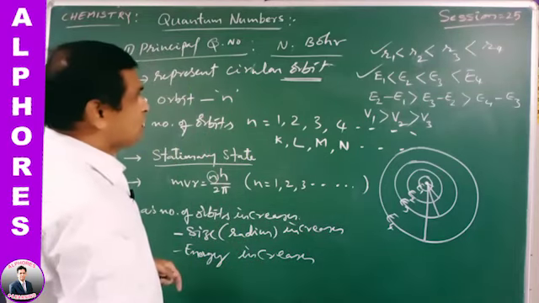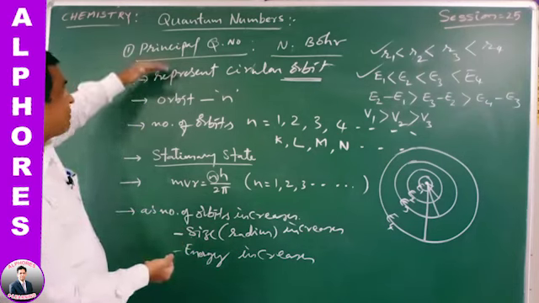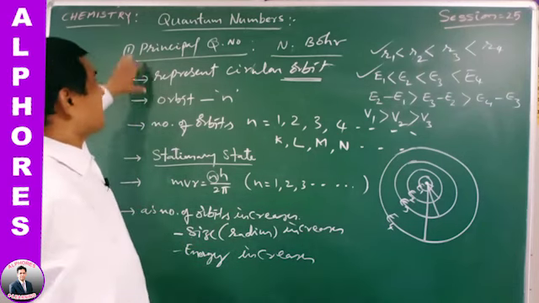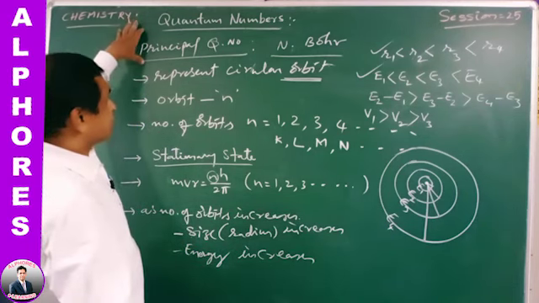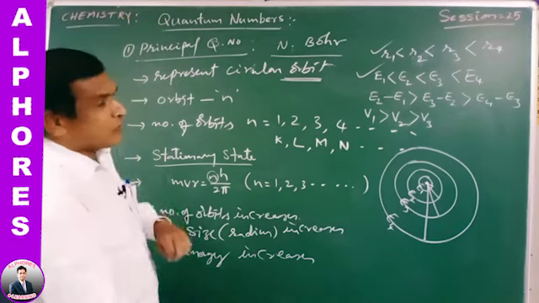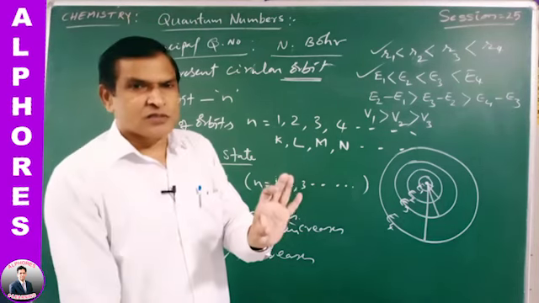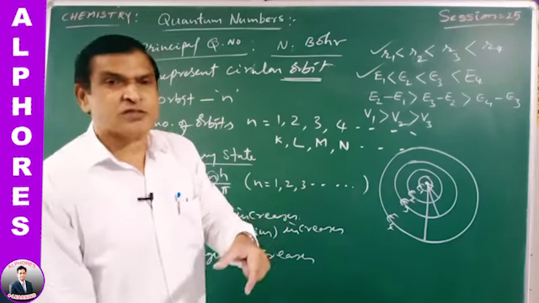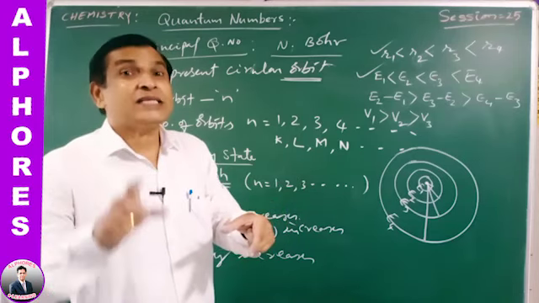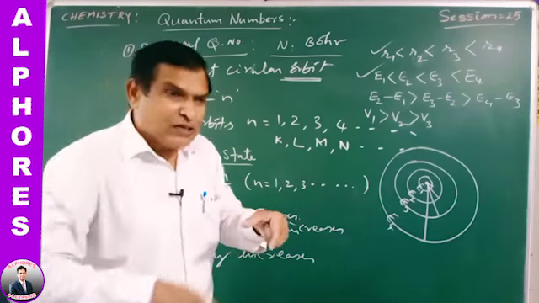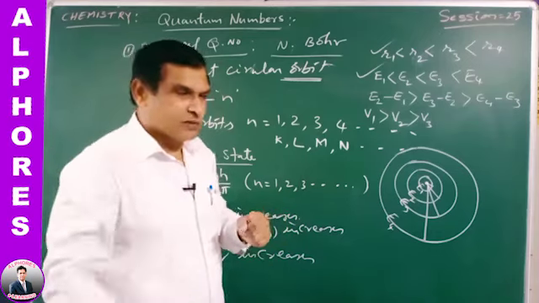Okay, once again let us refer from the beginning. Principal quantum number represents the circular path, that is circular orbit in which electron revolves around the nucleus.